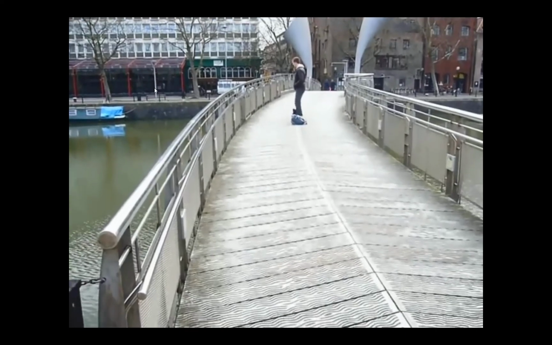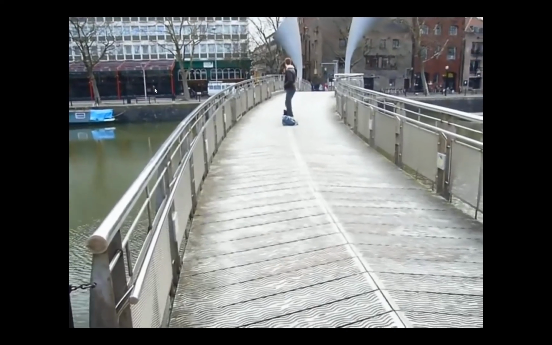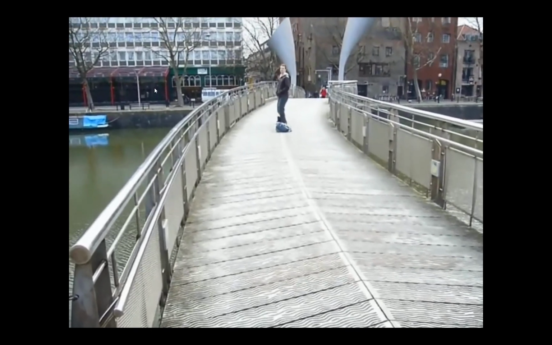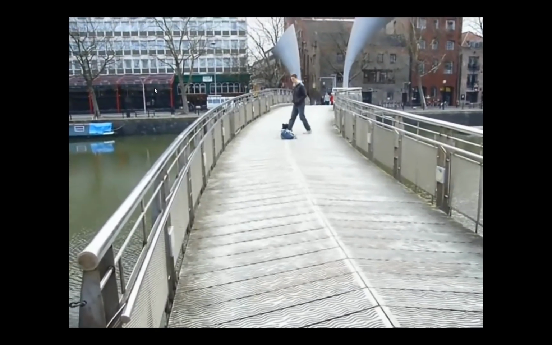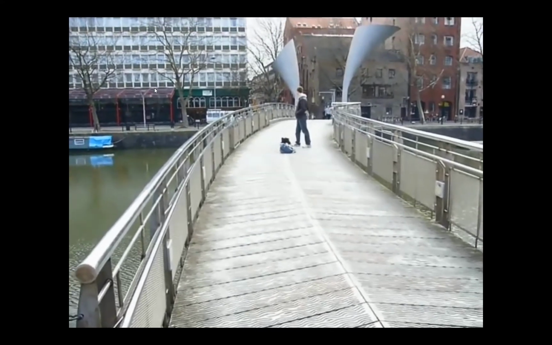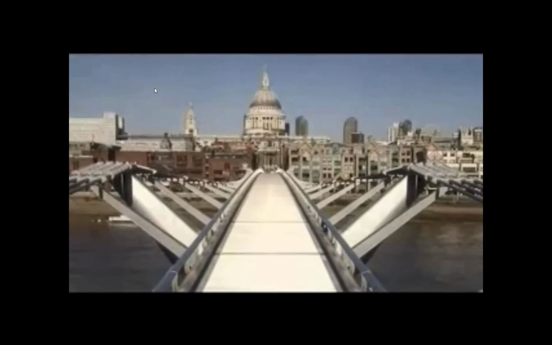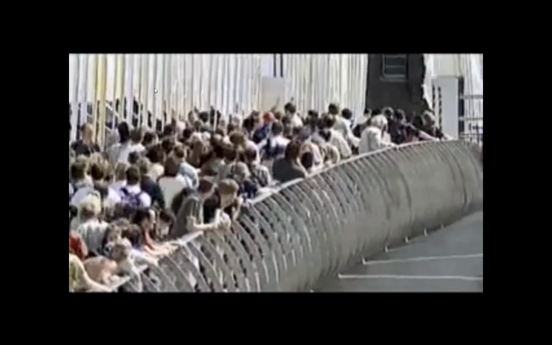Here is a video example of a footbridge that is set into resonance by exciting it at its natural frequency. So you see that it's quite low frequency, around 2 Hz, and can lead to quite some amplitude of vibration. Another example we discussed in the introduction is the Millennium Bridge in London, which at the opening started swaying, in this case laterally, at a low frequency due to resonance as well.